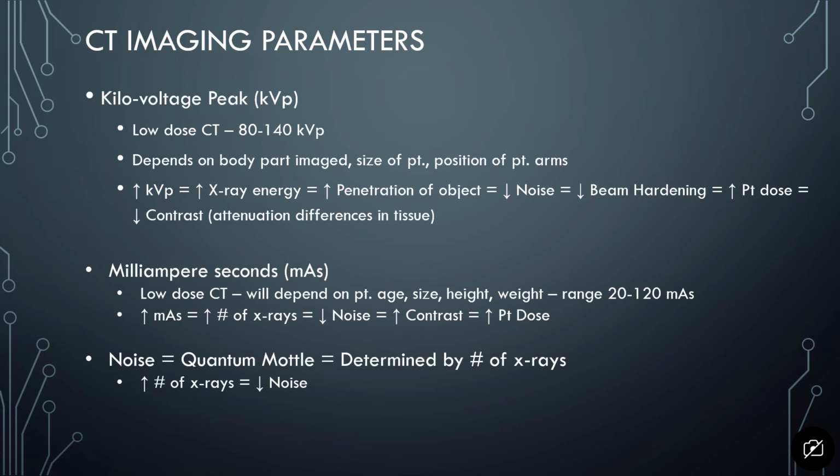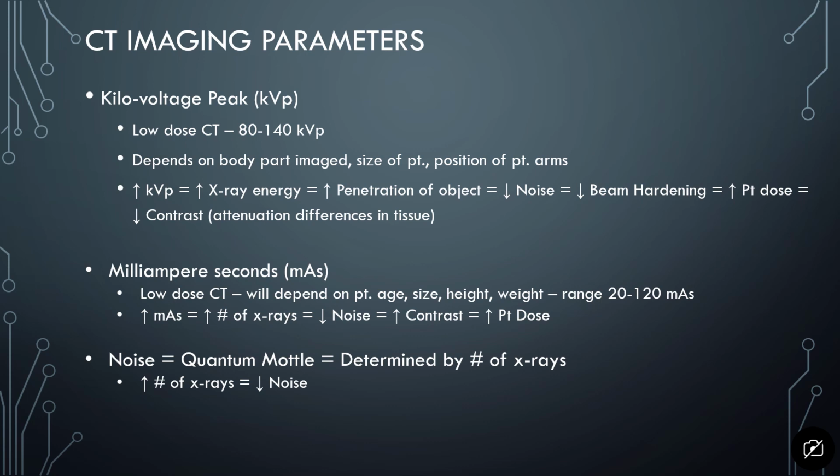So if it's a low kVp, I always think of it as looking whiter, like the bones, because the bones are really dense and tend to attenuate a lot, and that's why they look white on the image. So I always associate that: if there's a low kVp setting, then the images will look whiter. And if it's a higher kVp setting, then the images will look blacker, like air.